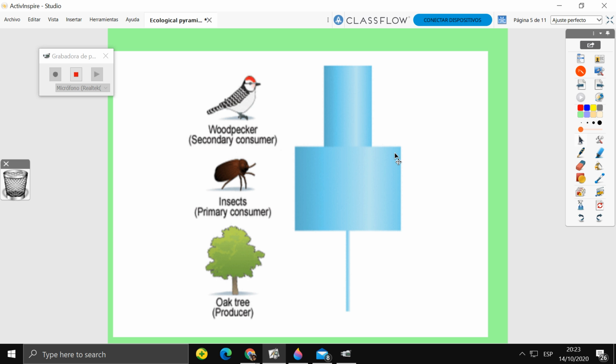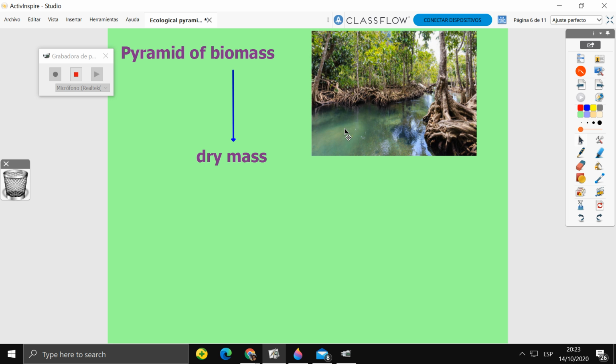But apart from the pyramid of numbers, which is basically formed by counting the number of organisms in each trophic level, we can do something different. We can construct a pyramid of biomass. What is biomass? Biomass refers to all the dry mass present in an organism, or in this case in a population or in a trophic level.